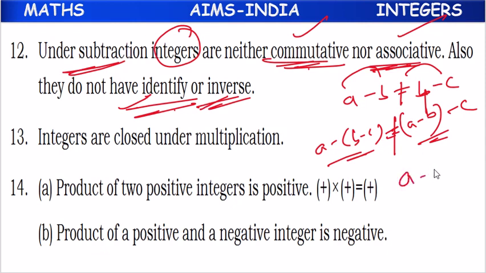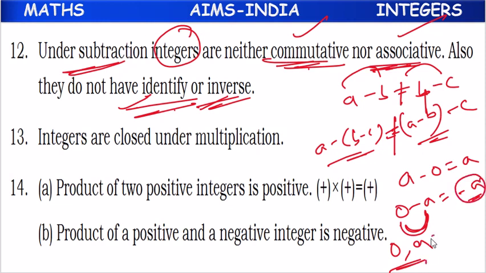Because A minus 0 equals A, but 0 minus A equals minus A. The difference of 0 and A is minus A. Here we have taken A, but we have got minus A. So in this case it may be true, but in this case it is not true. So there is no identity element, there is no inverse element.